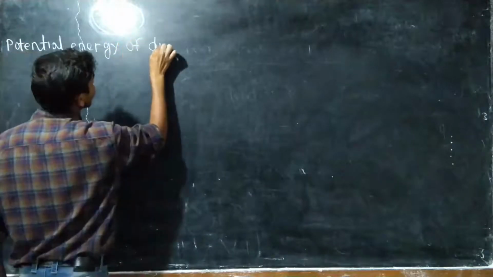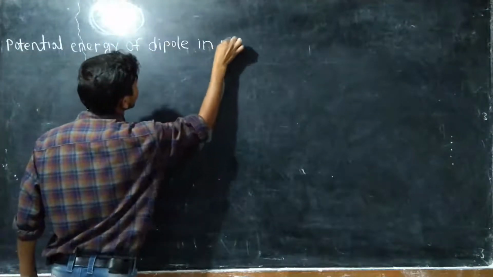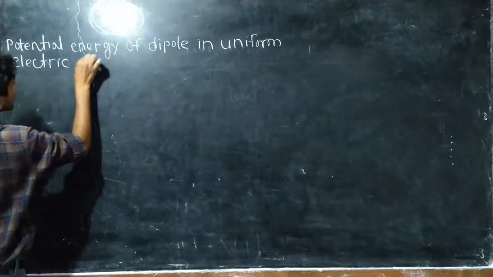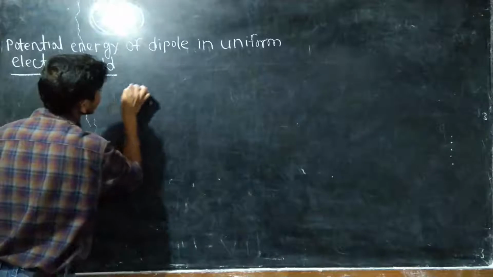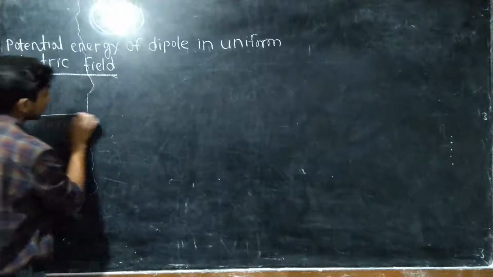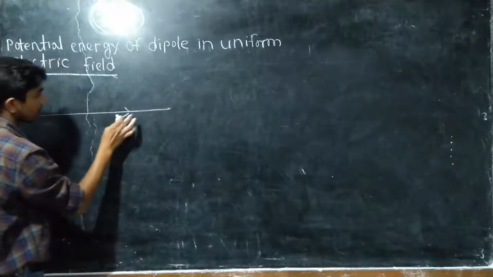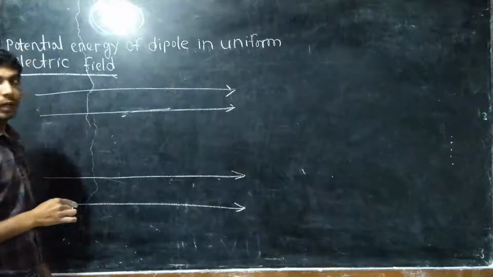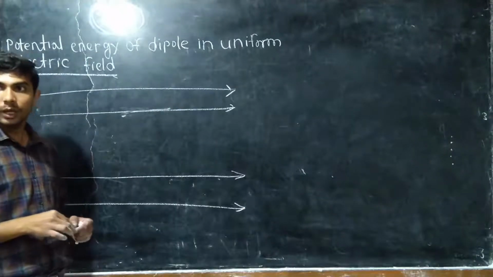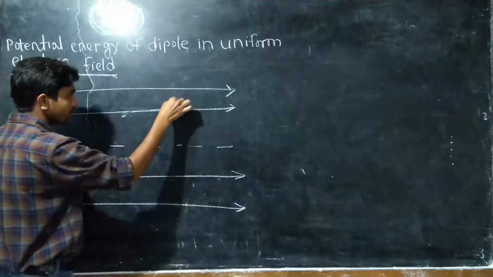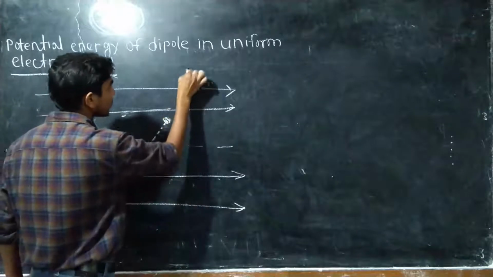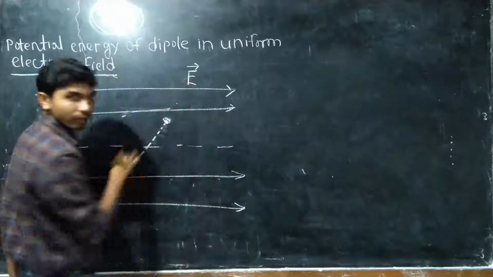Suppose this is your uniform electric field, and one dipole is kept in this uniform electric field. Suppose this is your dipole, and this dipole is kept in this uniform electric field, right?